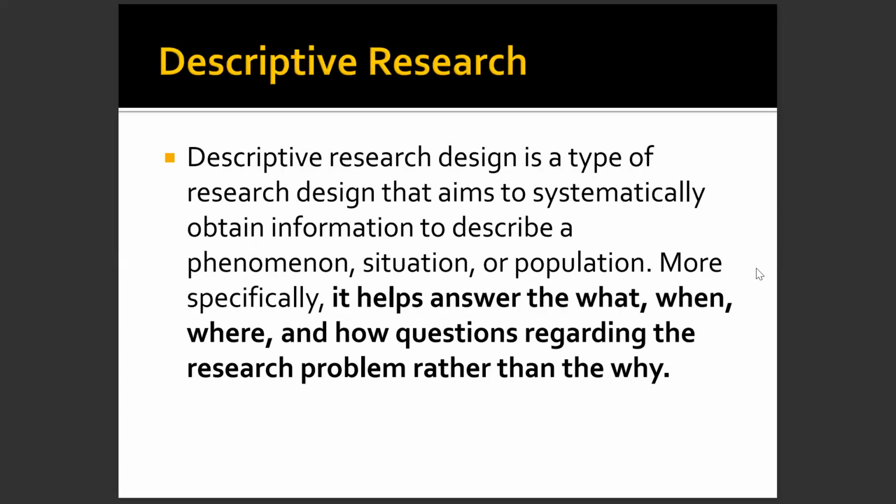Descriptive research design is a type of research design that aims to systematically obtain information to describe a phenomenon, situation, or population. More specifically, it helps answer the what, when, where, and how questions regarding the research problem rather than the why. So about descriptive research, the main goal is for us to describe.